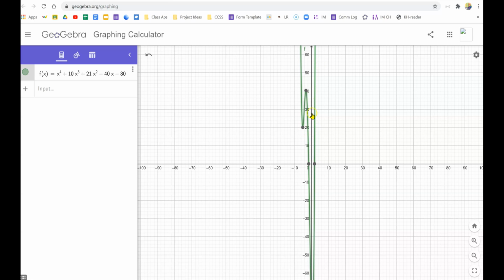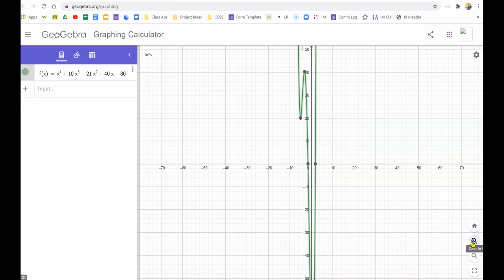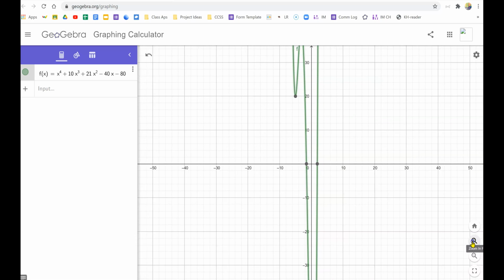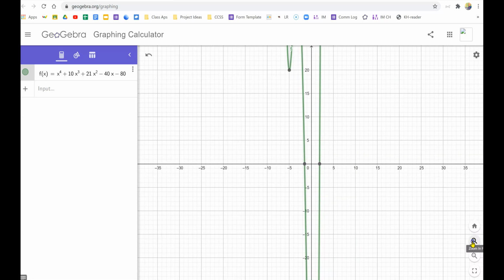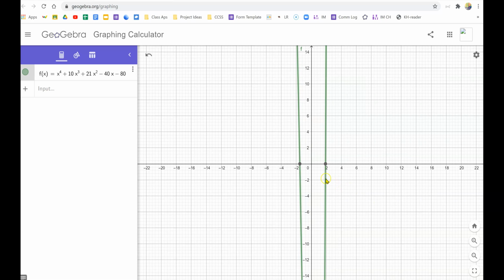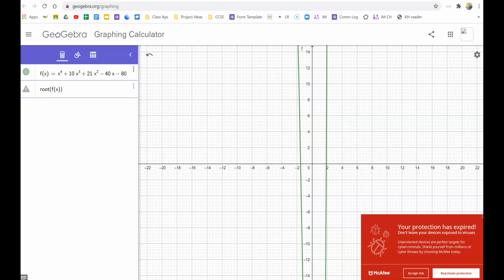What you also notice is that this weird W shape only crosses the x-axis in 2 places. So I'm going to zoom back into where those 2 places are. Now sometimes you can look and find the exact answer, but in this case these are not whole numbers. So we're going to find out what they are by using the calculator and having it do the work for us.